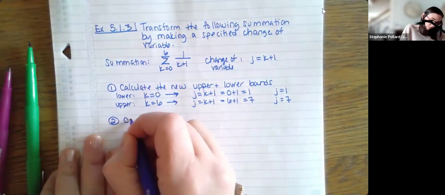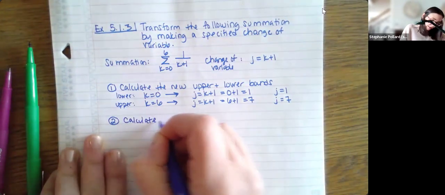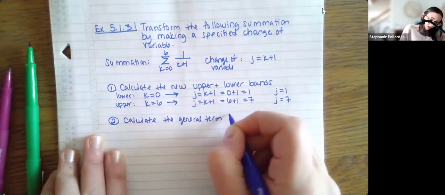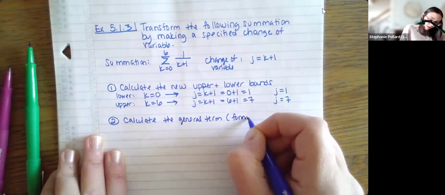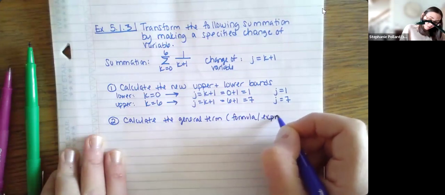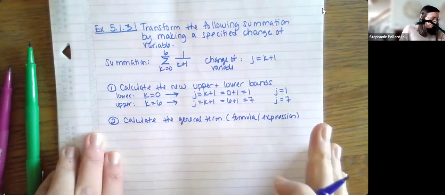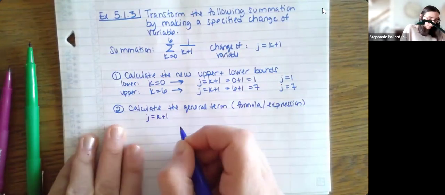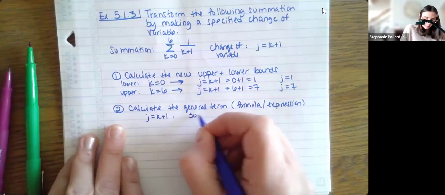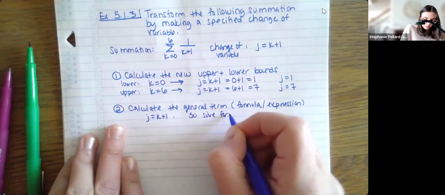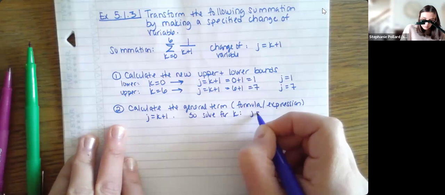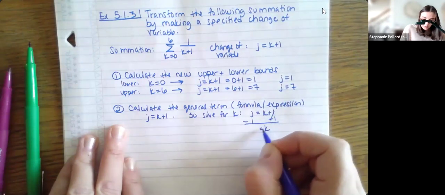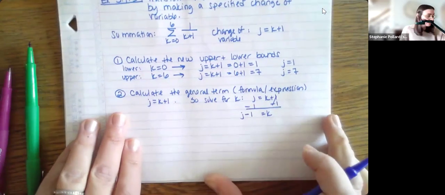And then the other thing you're going to do is fix the formula, basically. So we can say calculate the general term. It's often called the general term, or you can just think of it as the formula or expression that's being used. So we have j equals k plus 1. So what we can do is solve for k. You can do that by subtracting 1 from both sides. So just some basic algebra. So k is also the same thing as j minus 1.